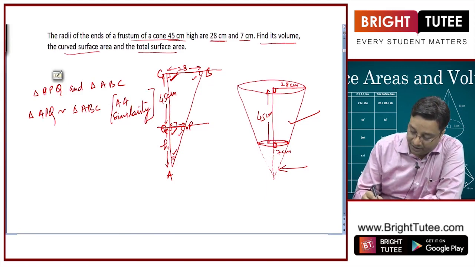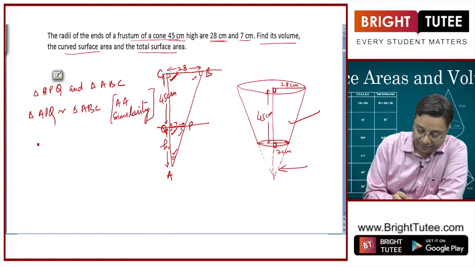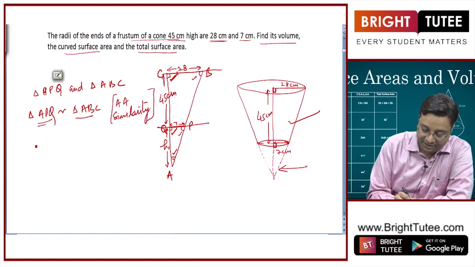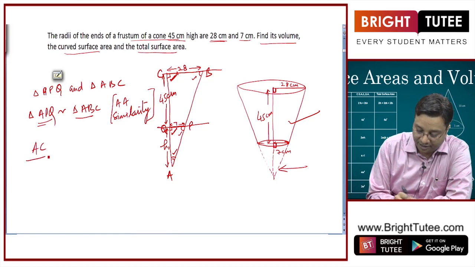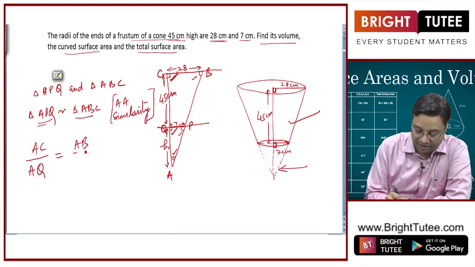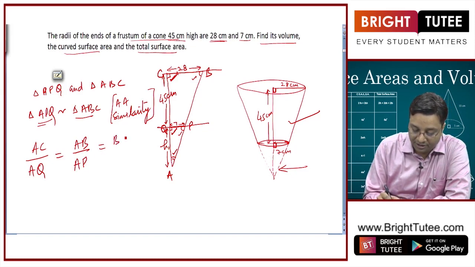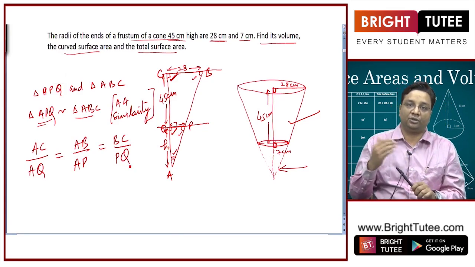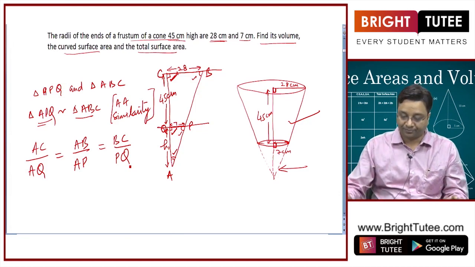So what will be the ratio of sides of these triangles? AC upon AQ will be equal to AB upon AP will be equal to BC upon PQ, because in similar triangles, the ratio of corresponding sides is equal.